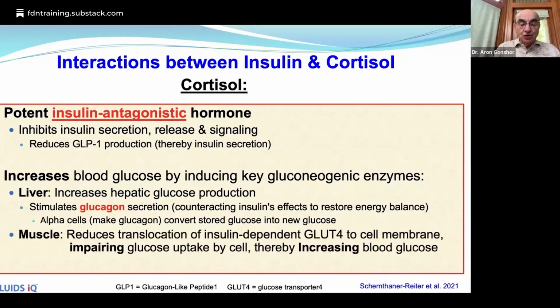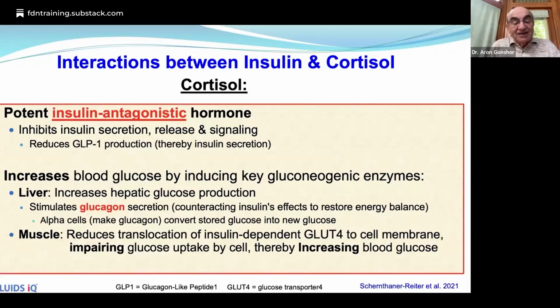In muscle, it reduces the translocation of GLUT4. GLUT4 is a particular entity in a cell which allows insulin ultimately to open up the channel for glucose to get into cells. Well, what cortisol does is it reduces the ability of GLUT4 to actually function.